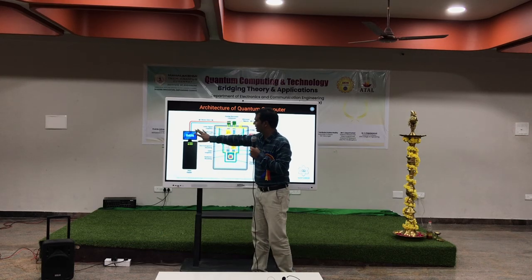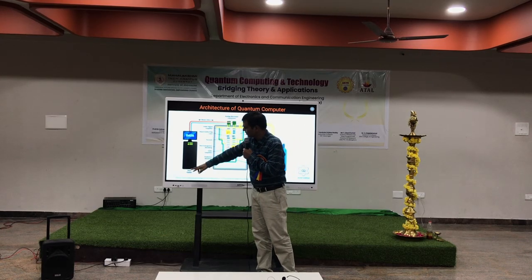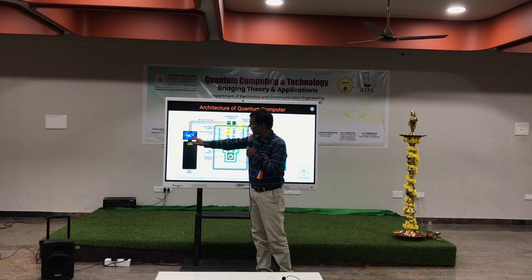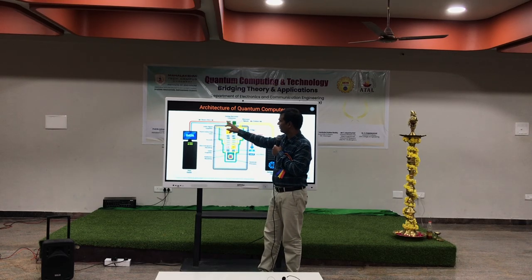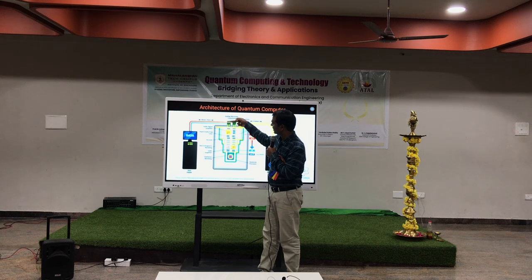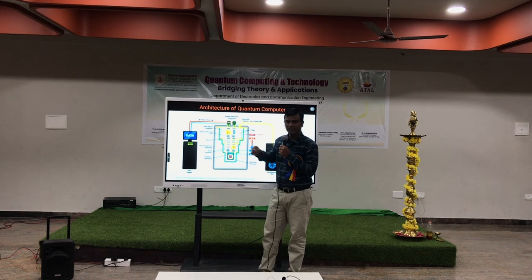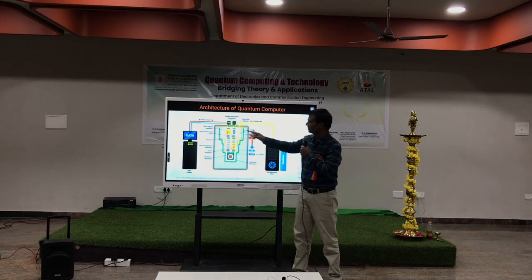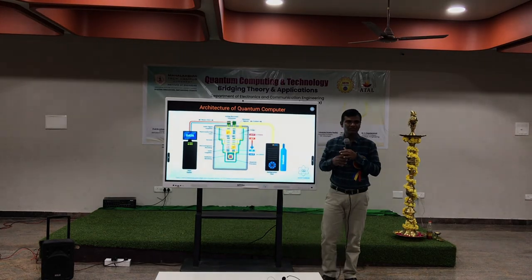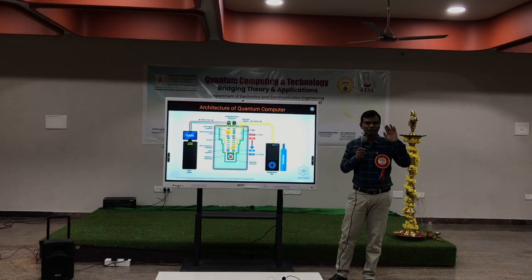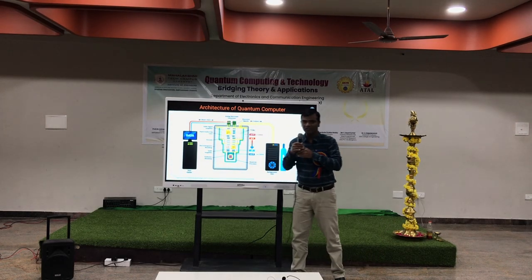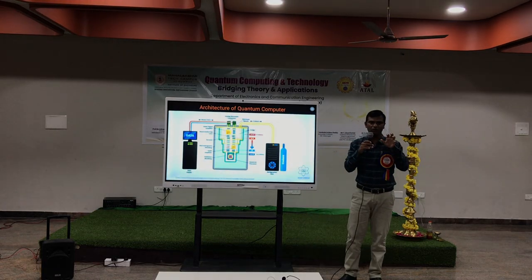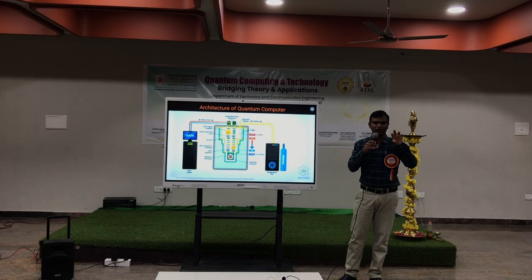The data will be presented in the form of binary data. Once it comes here, there will be encoders. Encoders are electronic converters that take those zeros and ones, the binary data entering here, and encode it in the form of states or vectors.